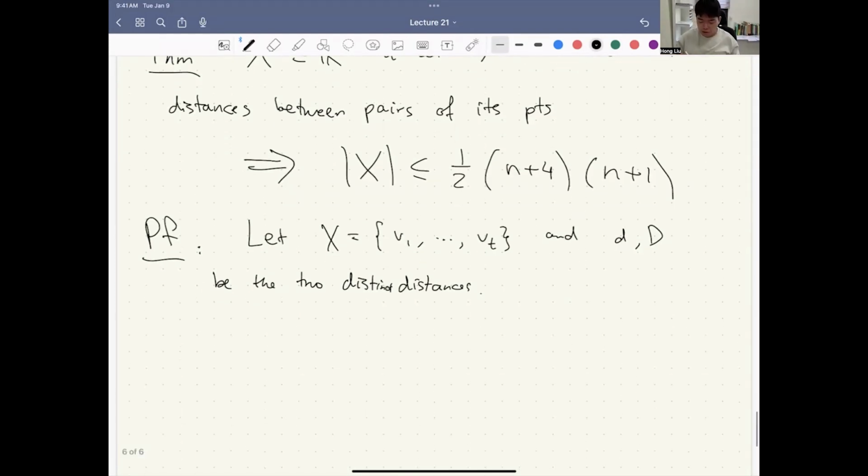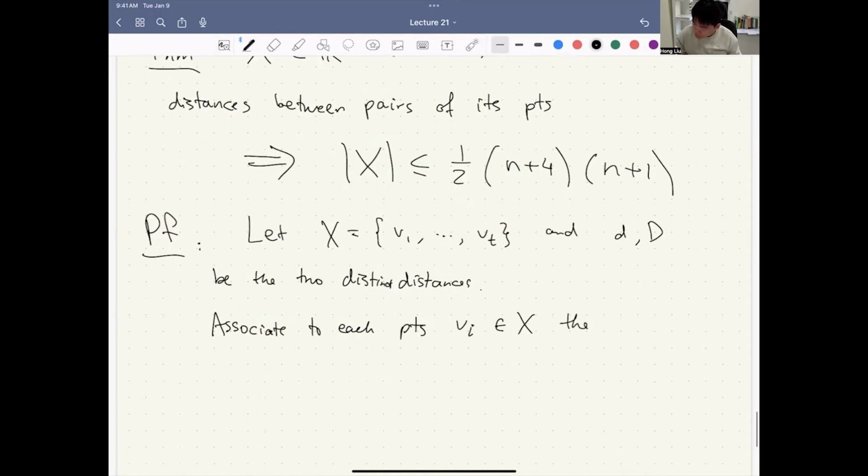Now we're going to associate to each point vi in X the following n-variate degree 4 polynomial. I call it Pi.